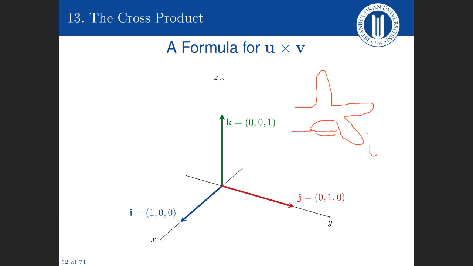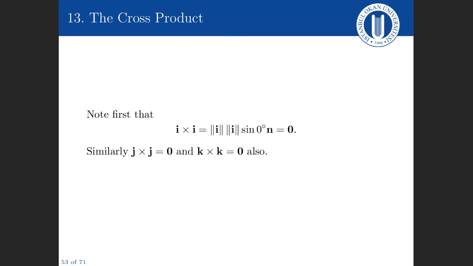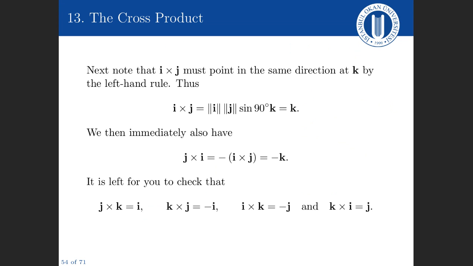Second finger should point in the direction i. First finger should point in the direction j. And therefore, thumb should point in the direction i cross j. On this picture, where is the thumb pointing? The thumb is pointing upwards in the same direction as k. So we can say that i cross j must point in the same direction as k by the left-hand rule.